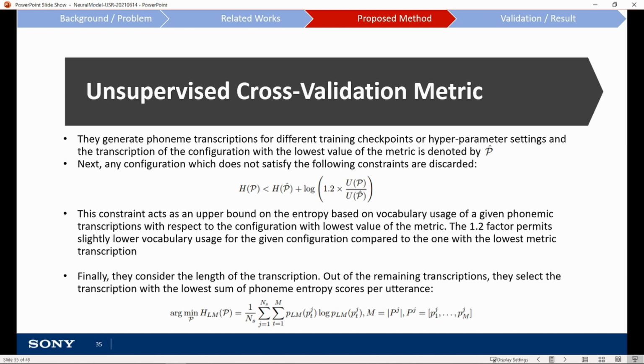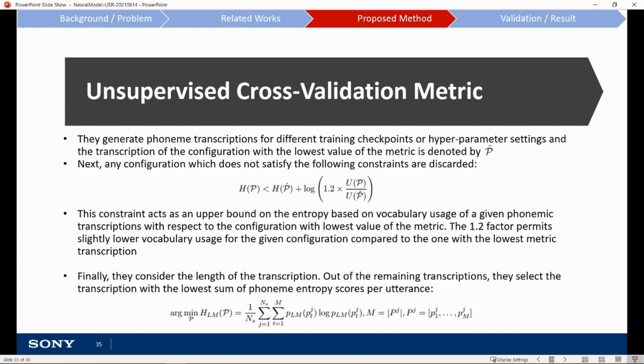However, if UP hat is a lot higher than UP, that means the best performing model is using a much larger vocabulary, then other configurations will most likely not satisfy this constraint, and this factor of 1.2 permits slightly lower vocabulary usage for p as compared to p hat.